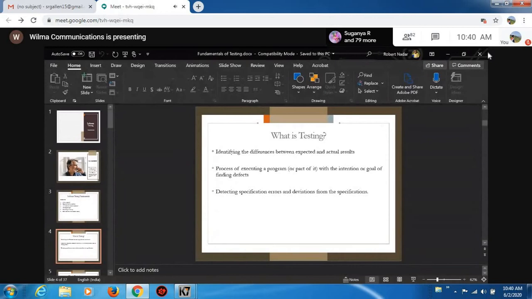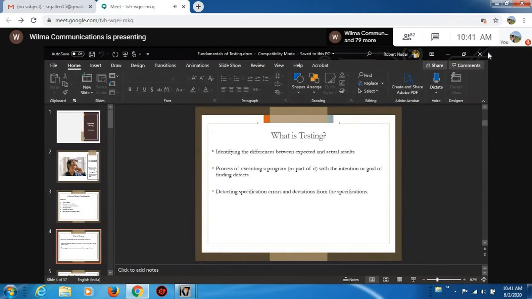So what is testing? Testing is used to identify the difference between expected and actual result. It is the process of executing a program with the intention or goal to find the defect, detecting the specification errors and deviation from the specification. So these 3 are the common definitions that come under what is testing.